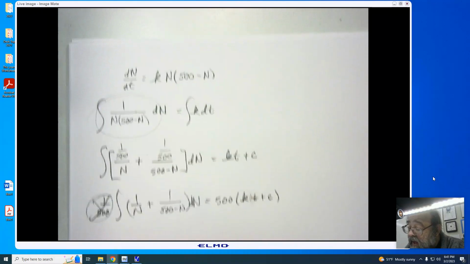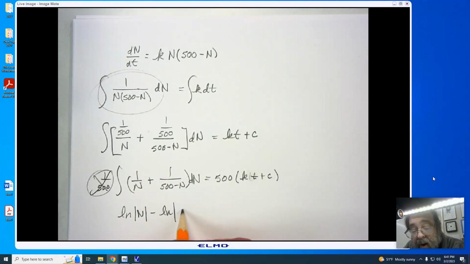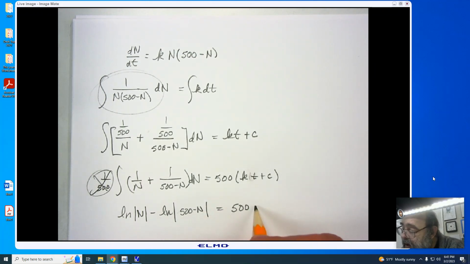That gets rid of this and allows me to integrate so that I end up with the natural log of n, absolute value, minus the natural log of the absolute value of 500 minus n is equal to 500 times kt plus c.